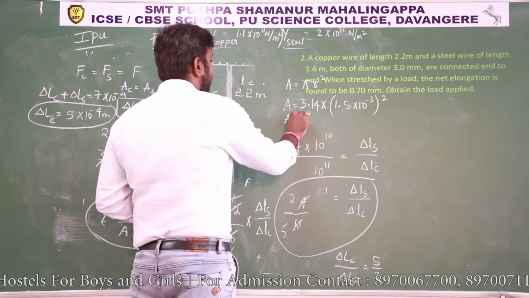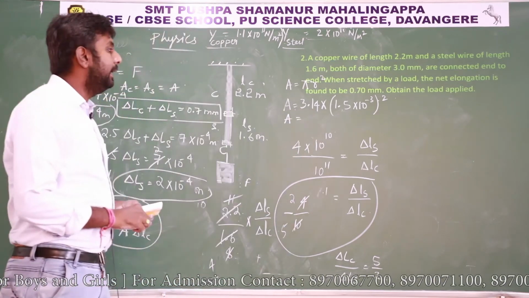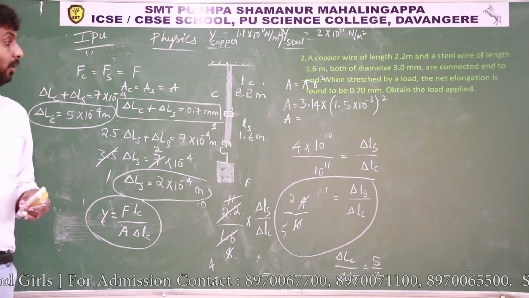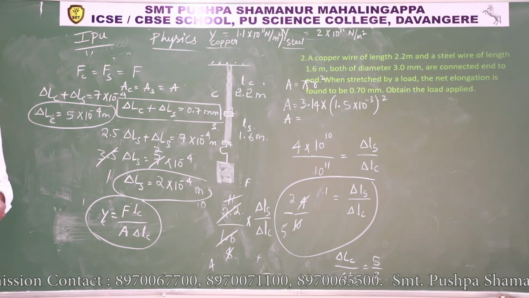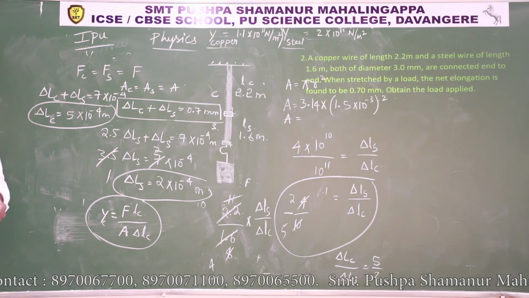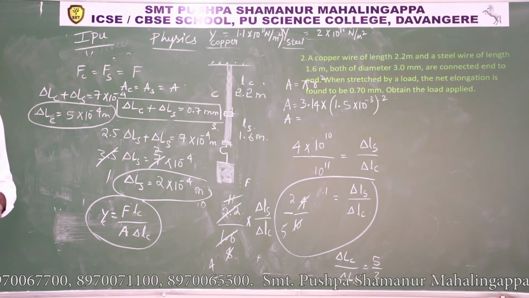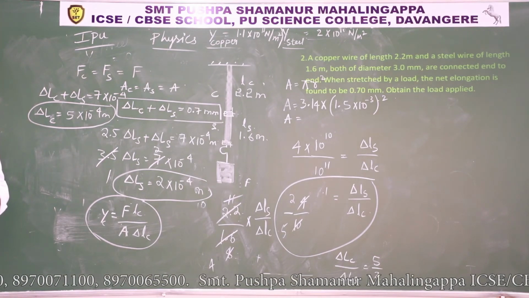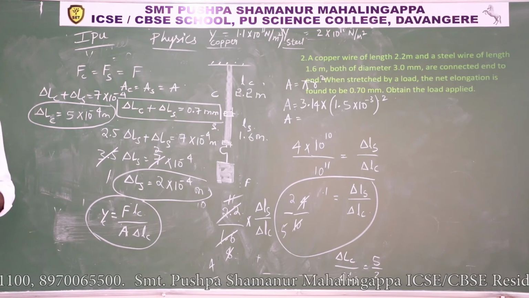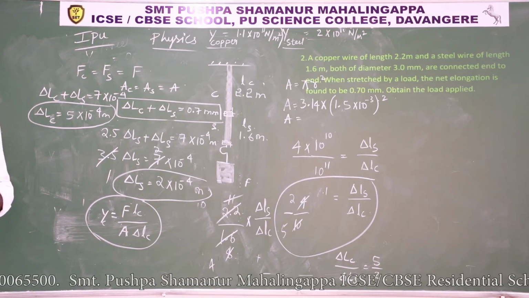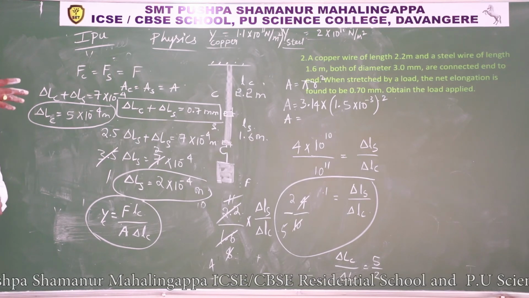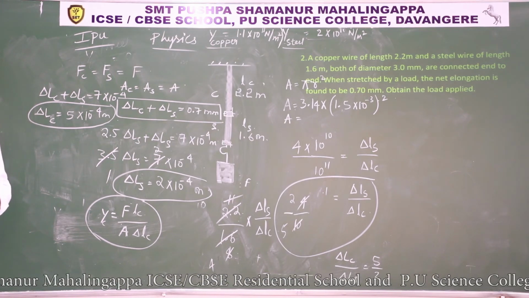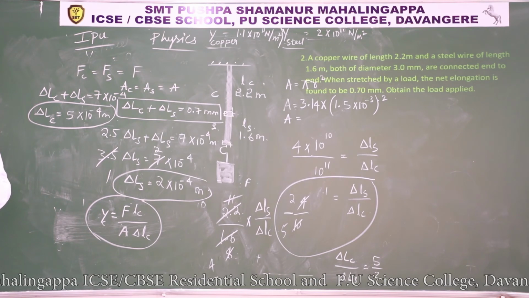Find the value of area. 1.5 into 1.5 is 2.25, multiplied by 3.14.